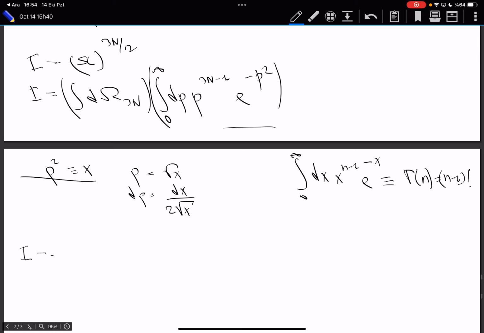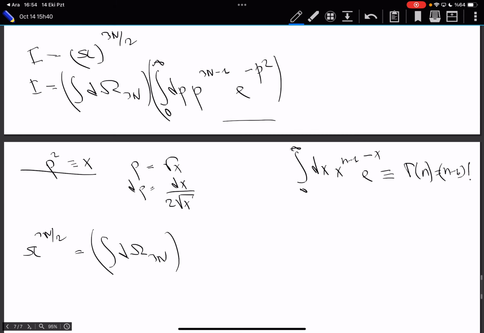So this integral I, which we had already shown to be pi to the power 3n over 2, will be equal to my 3n dimensional solid angle times dx over 2 square root of x, and then I have x to the power 3n over 2 minus 1 over 2 e to the power minus x.